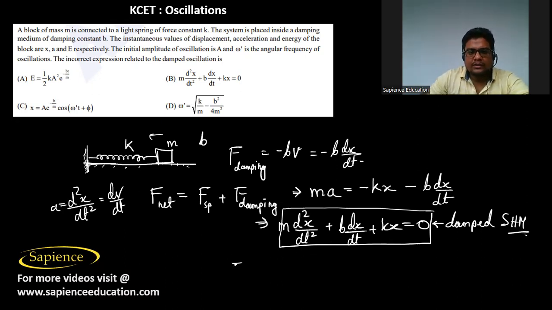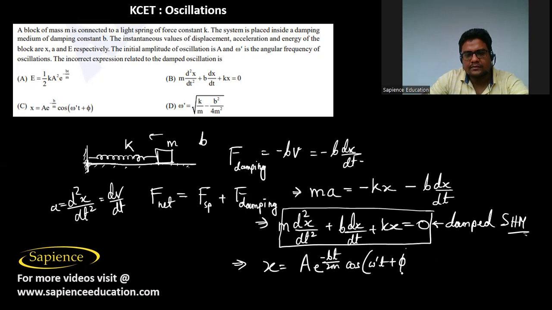Now if we solve it, then we will get x equal to a e raised to minus bt by 2m cos (omega dash t plus phi), where omega dash is equal to root over (k by m minus b square by 4m square).